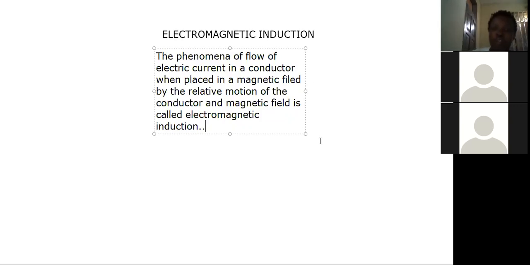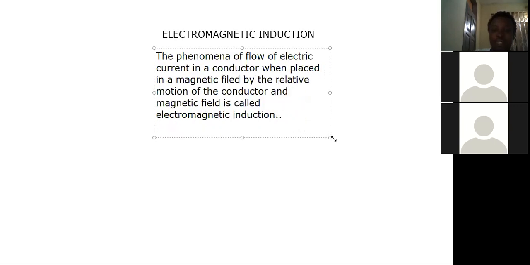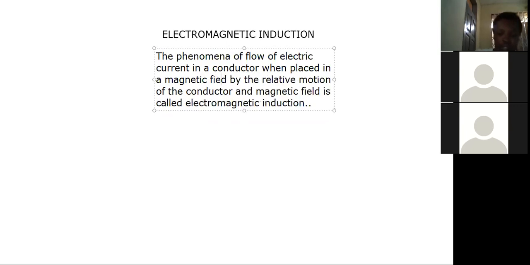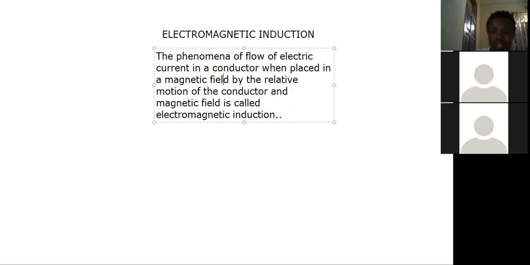The phenomenon of flow of electric current in a conductor when placed in a magnetic field, by the relative motion of the conductor and the magnetic field, is called electromagnetic induction. When you place a conductor in a magnetic field and there is a flow of current as a result of their relative motion, we call it electromagnetic induction.